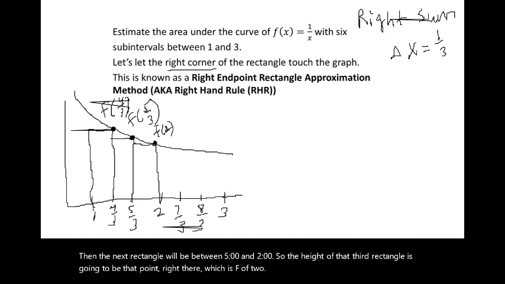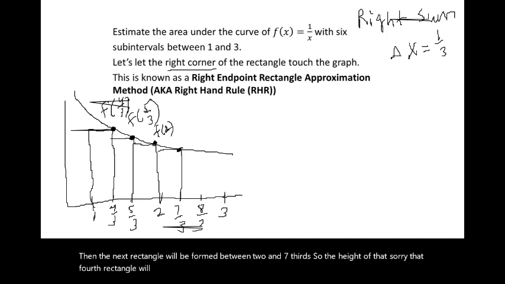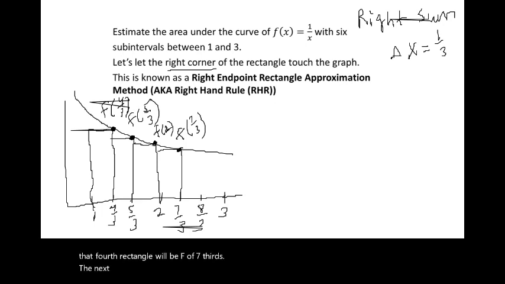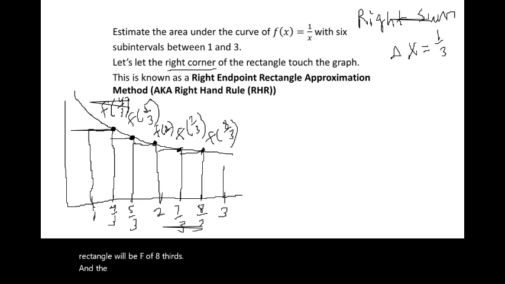Then the next rectangle will be formed between 2 and 7/3. So the height of that fourth rectangle will be f of 7/3. The next rectangle will be formed between 7/3 and 8/3. So the height of that fifth rectangle will be f of 8/3. And the height of the sixth rectangle will be f of 3.